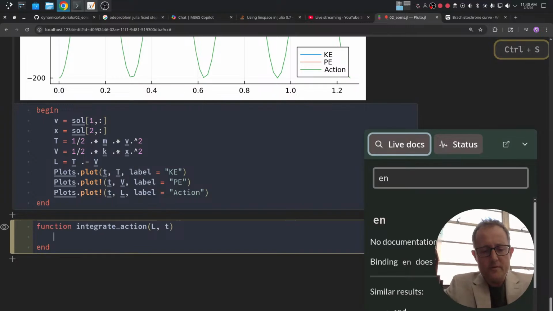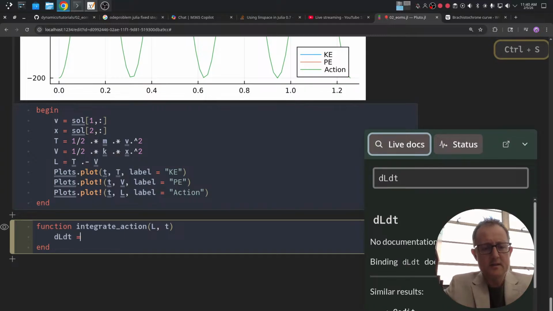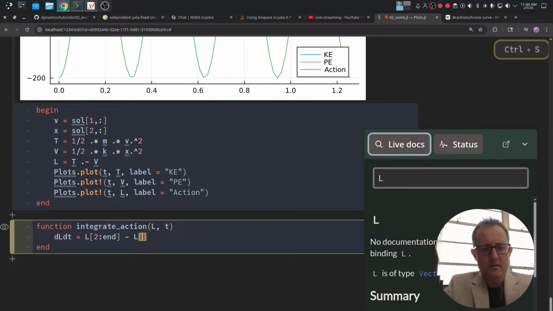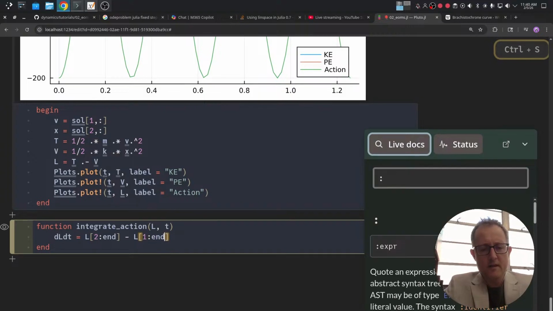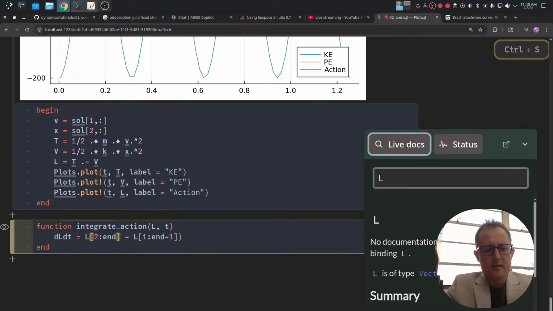And then we're going to create the total, or at least all the DLs, DL DTs equal 2 through the end minus 1 through the end minus 1. So I'm just taking all the little differences, and then we'll multiply that by all the little time differences.